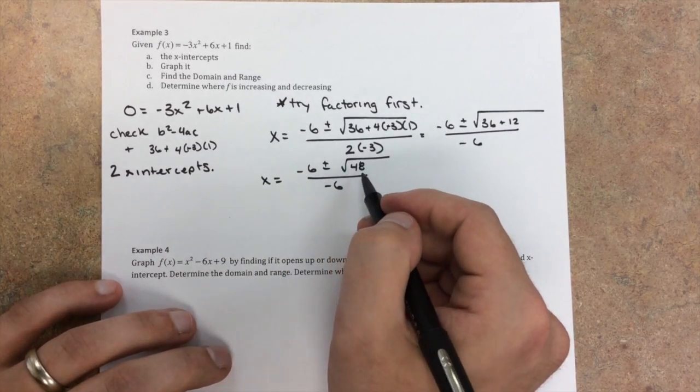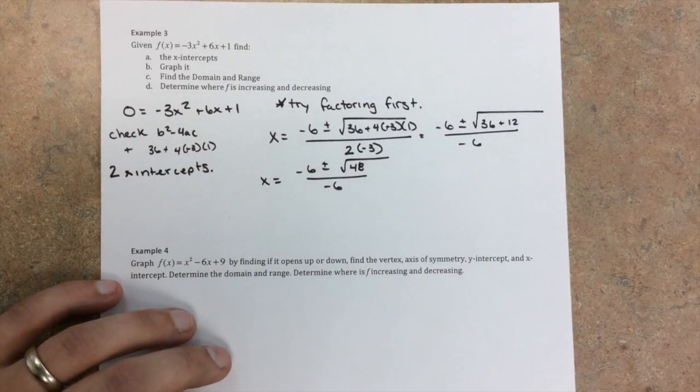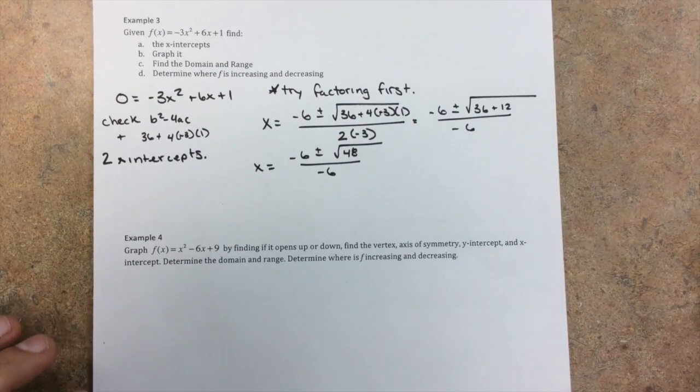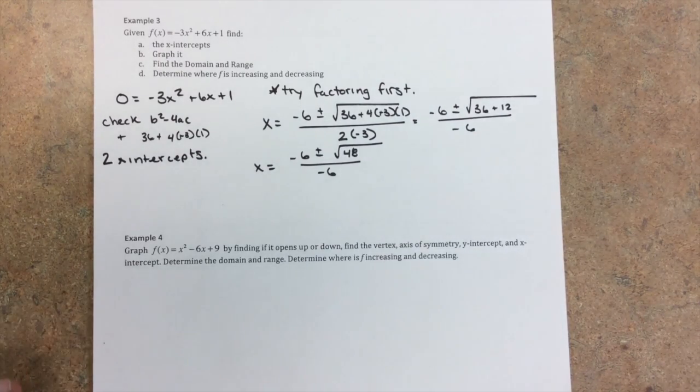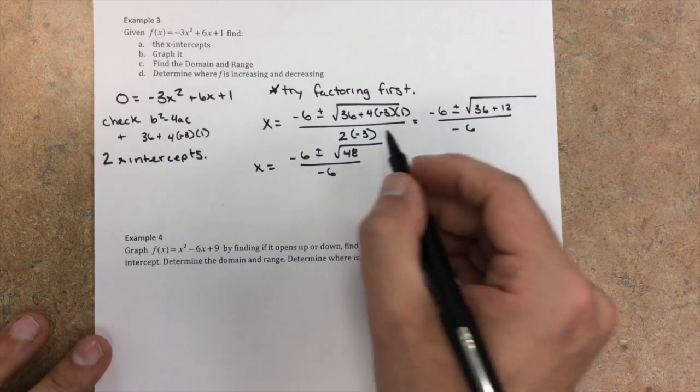I believe we can simplify. There's a perfect square. 48 is 16 times 3.